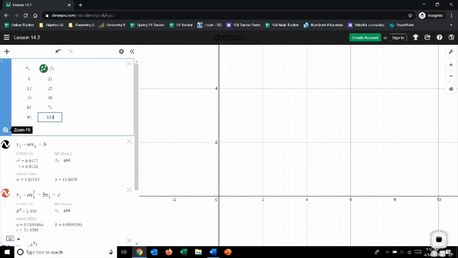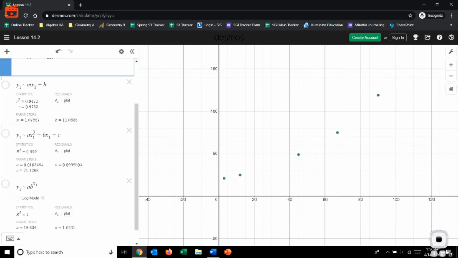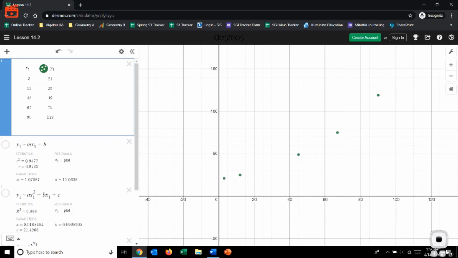So we're here. Okay, now let me uncheck these boxes. These are our data points that we plotted. If we think that these data points form a linear function, let's look at the first one. Notice that this is the best approximate linear function that's given. What we're looking for is this value here, this r squared.